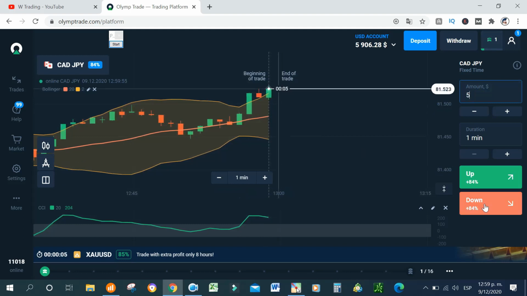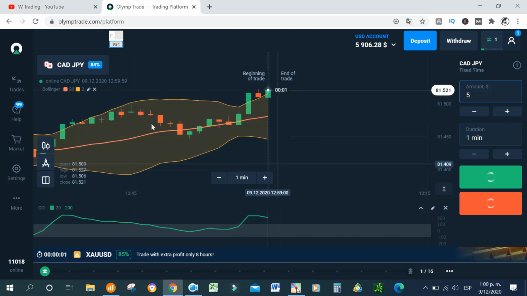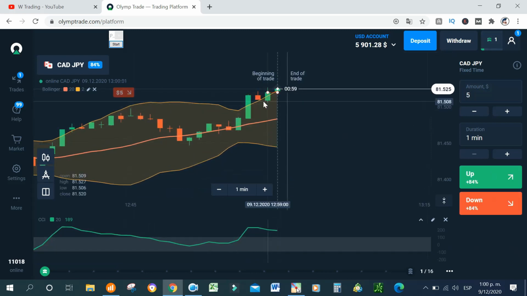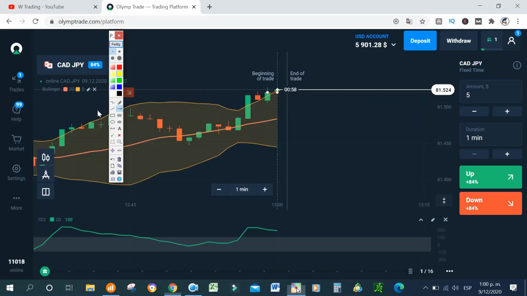I will just put $5, and yeah, I did it. As I told you, this candlestick closed inside of this high, the previous high candlestick.